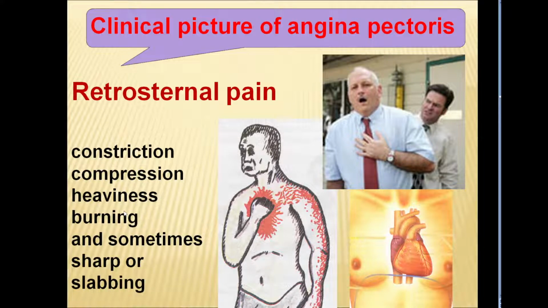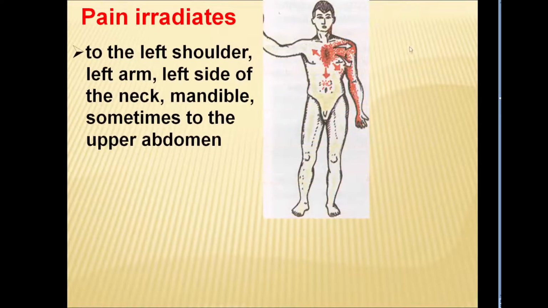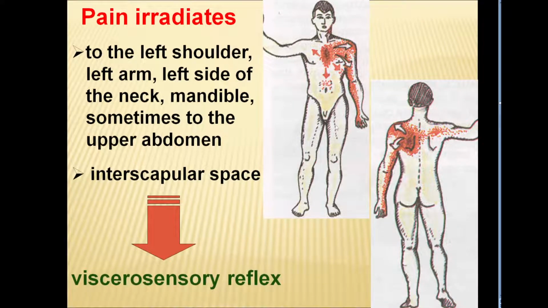We remember other characteristics of any pain. I'll remind you: location, irradiation, characteristic, provoking and relieving factors. Pain is retrosternal, which irradiates upward to the left shoulder, left arm, left part of the neck, left interscapular region, due to visceral sensory reflexes.